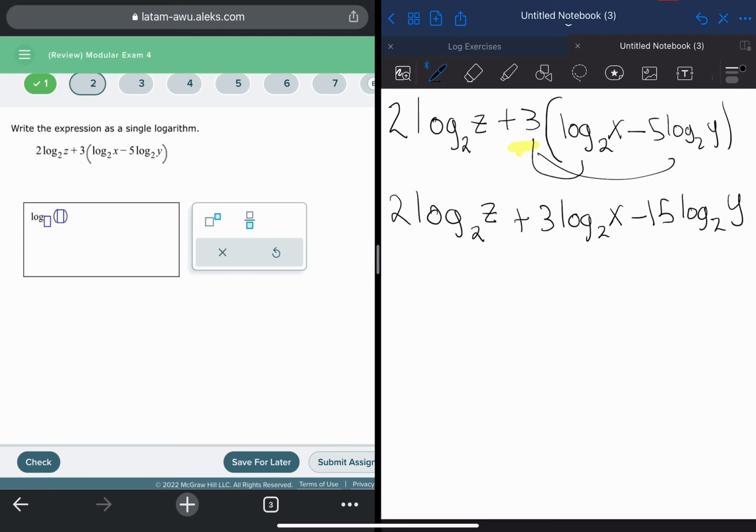Now, when I see this, I'm gonna think of what properties can I apply here. If you remember, there are 3 properties, one for the addition, one for the subtraction, and one for the multiplication of a constant.